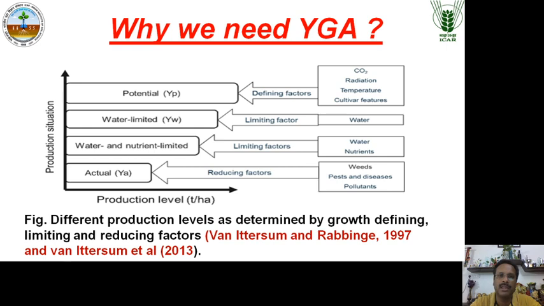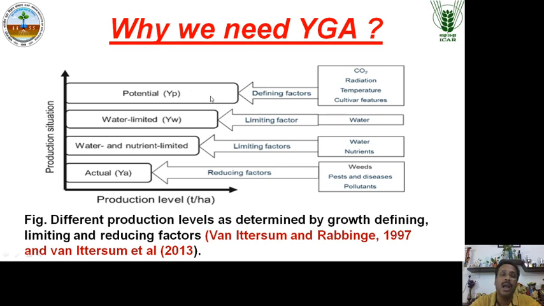If you remember, in my earlier presentation on crop growth simulation models, I presented this figure, and I am presenting it again to show what potential yield is and what its defining factors are. Potential yield is the genetic potential of a crop variety, governed by radiation, temperature, and cultivar characteristics. When water becomes the limiting factor, it becomes water-limited yield.